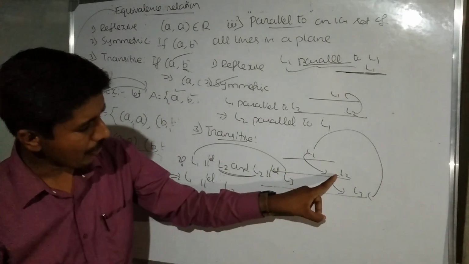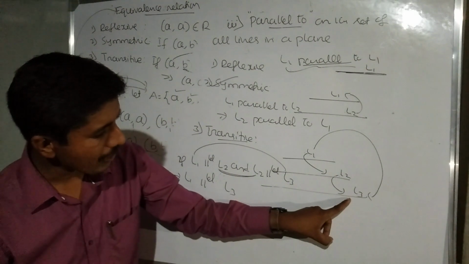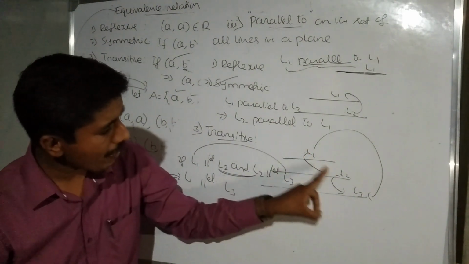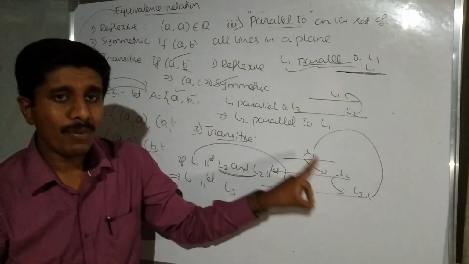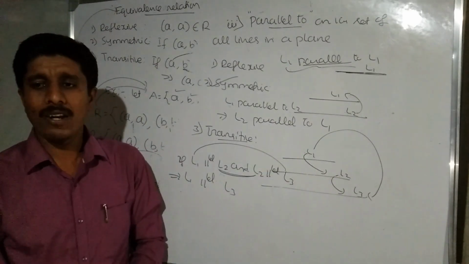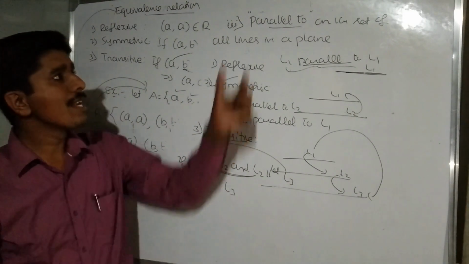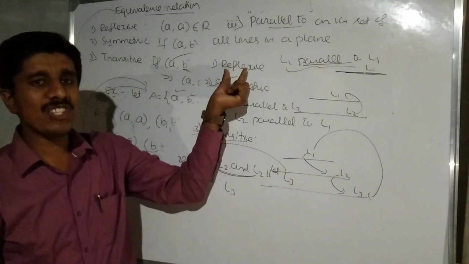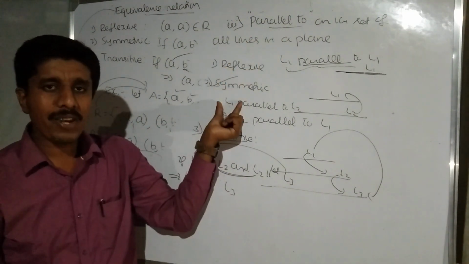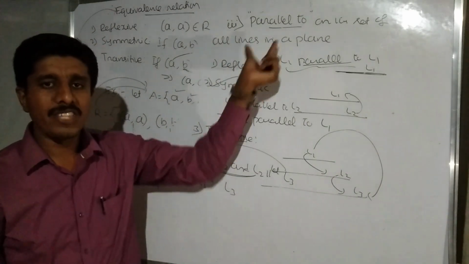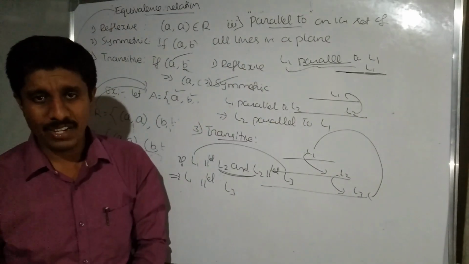L1 is parallel to L2 and L2 is parallel to L3, then clearly L1 is parallel to L3, because three lines are parallel to each other. Therefore, clearly it is transitive. Clearly, parallel to relation satisfies reflexive, symmetric and transitive conditions. Therefore, it is an equivalence relation.